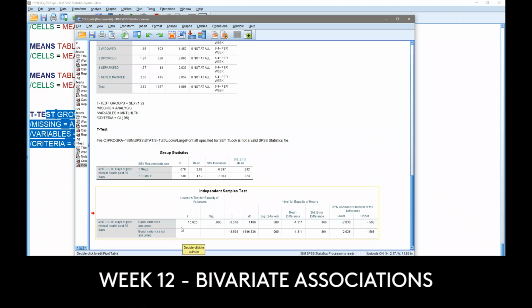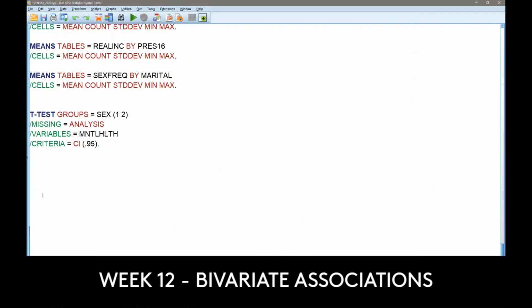So what we see here is the independent samples t-test has a coefficient that is statistically significant, and it is very significant. It is significant at the 0.001 level. So what this means is that the differences that we see here in mental health are not occurring by chance, that there is something underlying this phenomenon that is creating this effect.